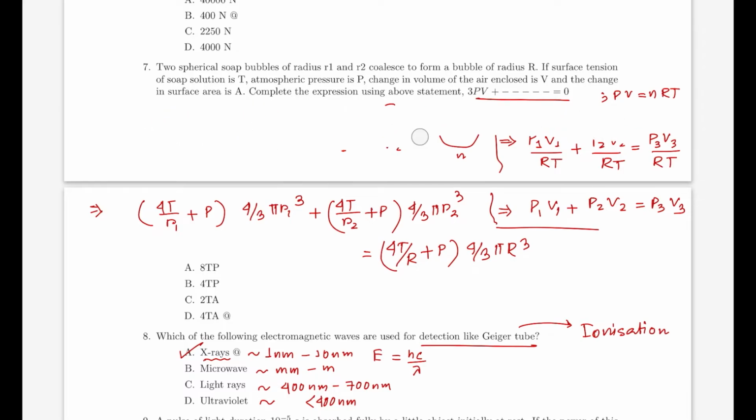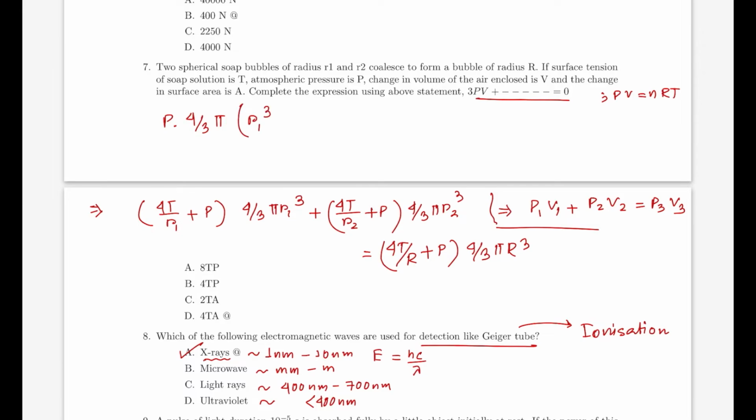If you take common P into 4/3 pi, then you will have R1 cube plus R2 cube minus R cube on the LHS.